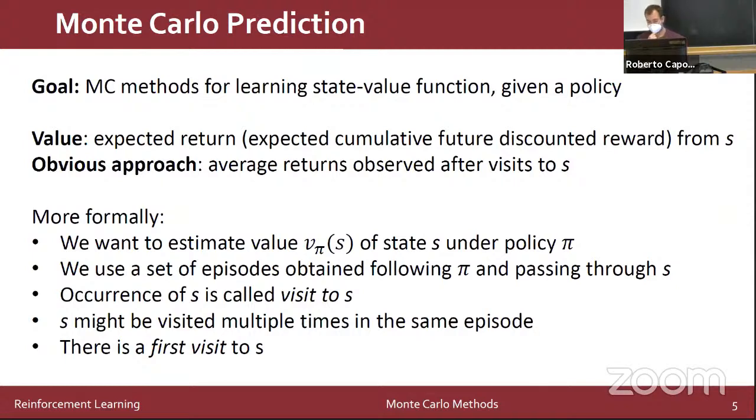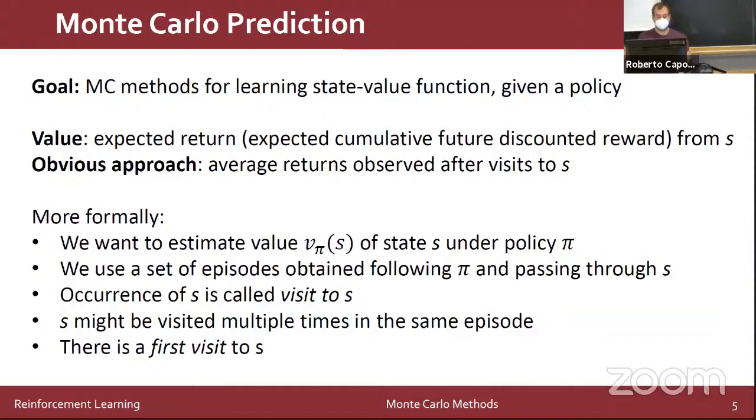We need now, as I was saying, a method to compute a state value function given a policy. So the policy is given. We want to evaluate our policy. What does it mean to evaluate our policy? It means to compute what is the value, so the expected returns that we can generate by following that policy.